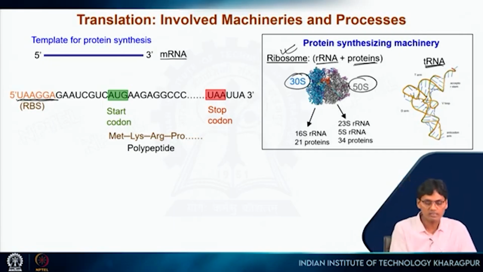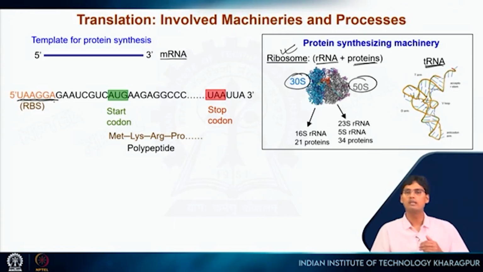So the ribosome binding site I am mentioning here in this sequence, for example, 5' UAAGGA, has a complementary sequence present in some ribosomal RNA inside the ribosome, and by virtue of that, the ribosome will come and bind here, and then it will move in the 5' to 3' direction, and whenever it encounters the first AUG, it will start protein synthesis.